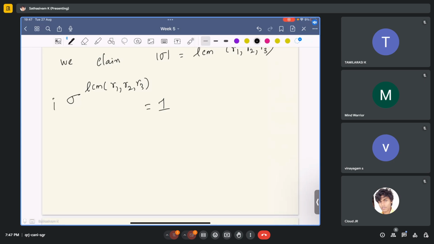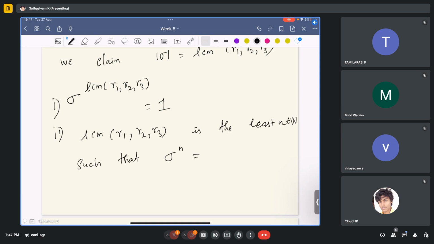So this is the first one, and then the second one is the least n. When I say least n, I say least n belongs to the natural numbers such that sigma power n is 1.